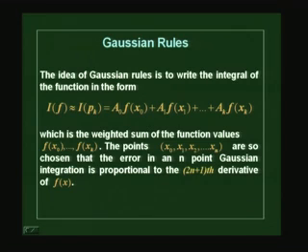So, in the Gaussian rules, the idea is again, as I said, to write the integral of the function as the integral of a polynomial of order k. And in this method, we want to write this as a sum of the function values evaluated at k plus 1 points, that is x0 to xk, multiplied by some coefficients a0, a1 up to ak.